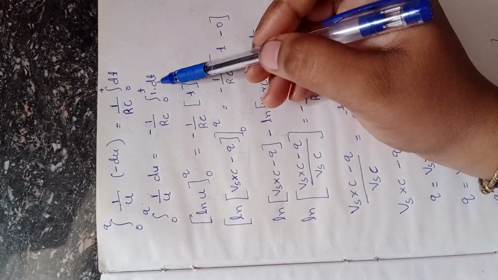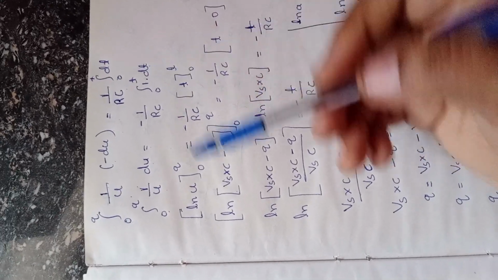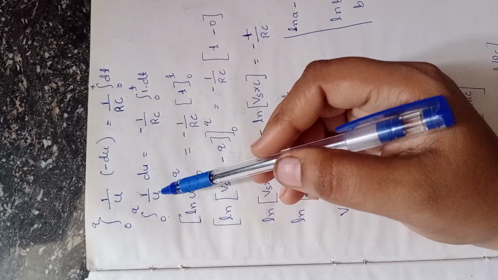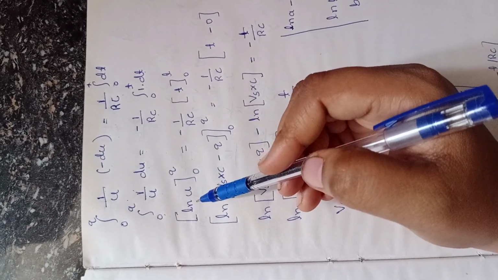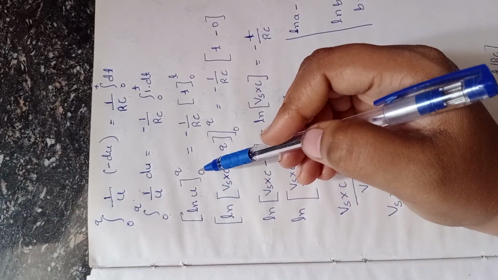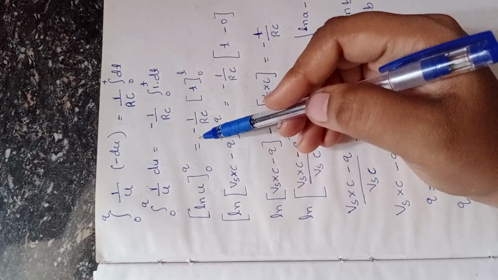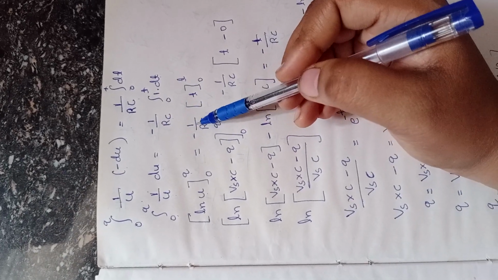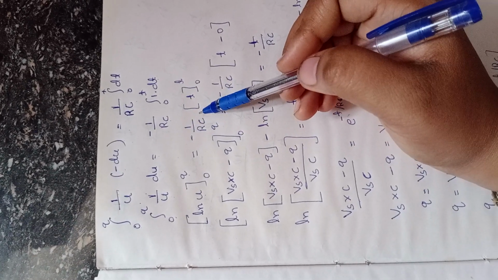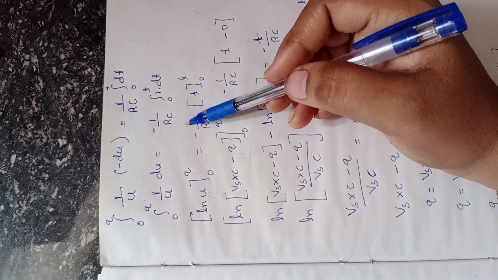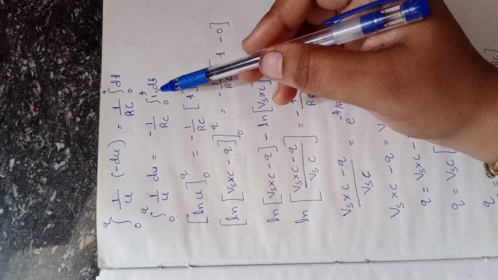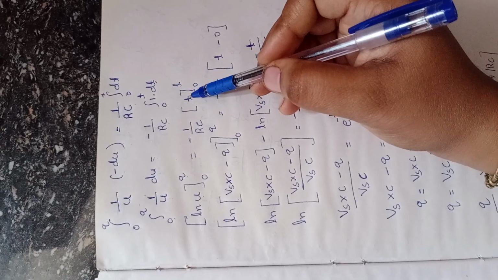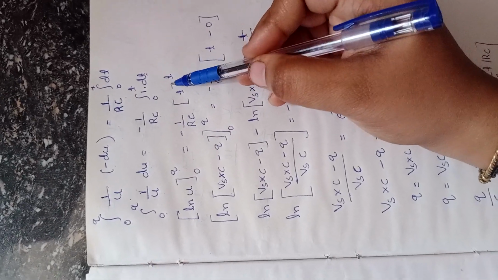If we integrate this, 1 by u is nothing but ln u, and the limits are 0 to Q. In the right hand side, 1 by RC is a constant. We take the constant out, and the integration of 1 is nothing but t, and the limits are 0 to t.